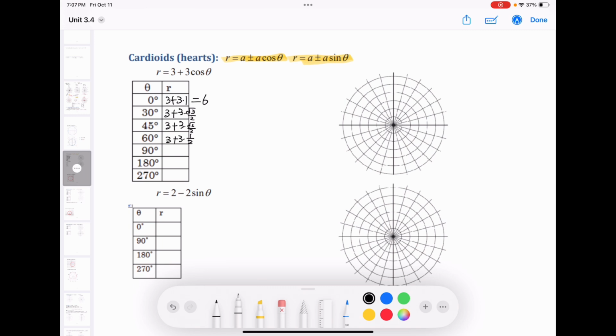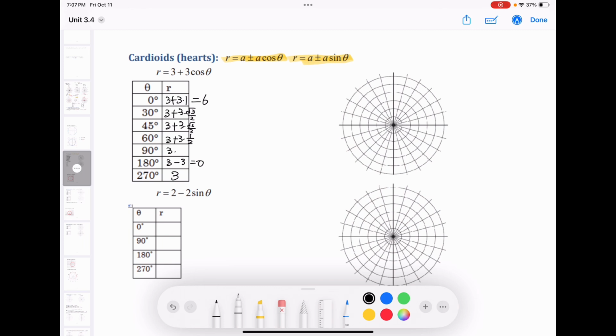Then what is cosine 90 degrees? 0. So 3 plus 0. And 180 degrees is 3 plus 3 times negative 1, so minus 3, which is 0. And 270, cosine 270 is also 0, so we have 3.